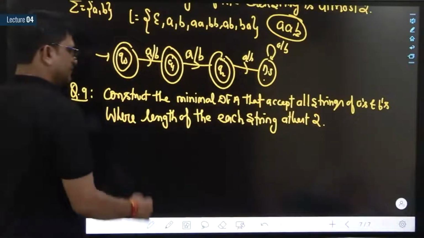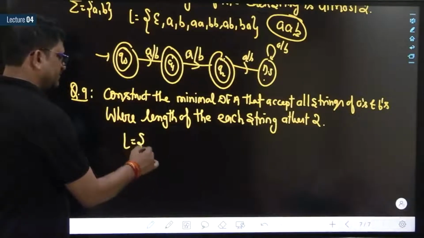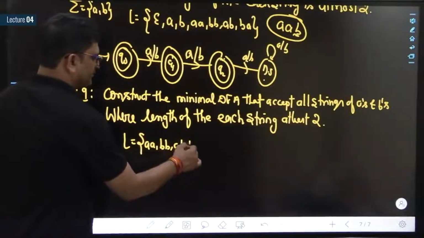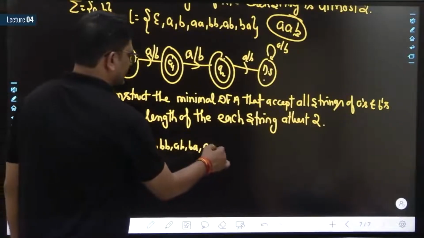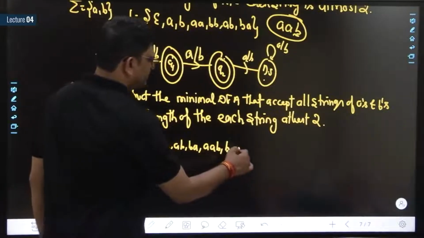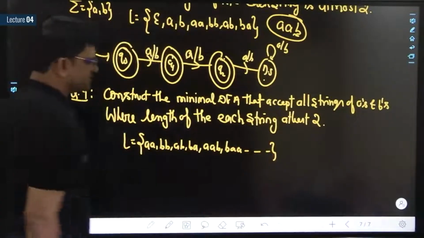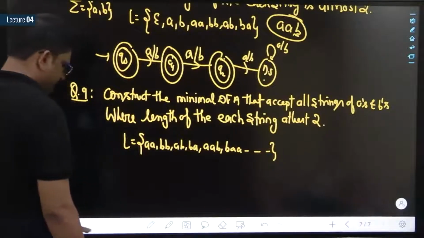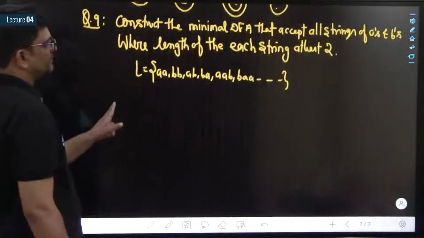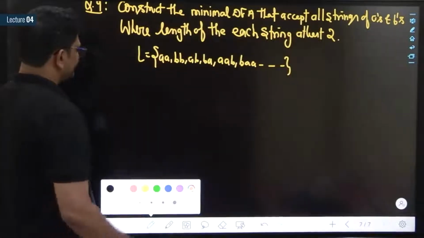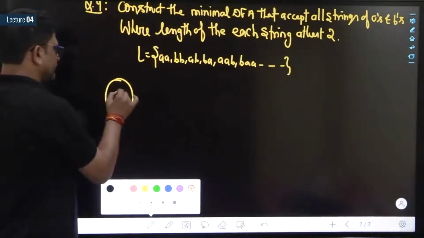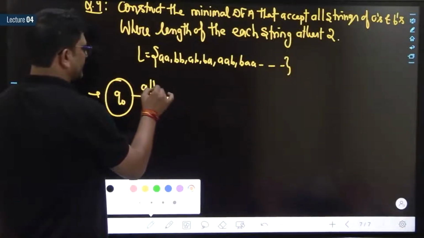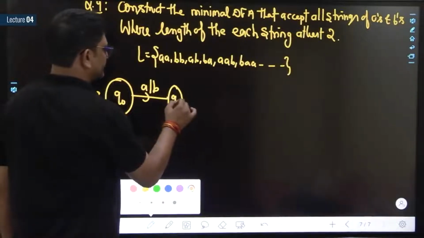Clear? Now what is the language? Double A, double B, AB, BA, AAB, BAA and many more. At least 2. First we make a DFA for exactly 2.